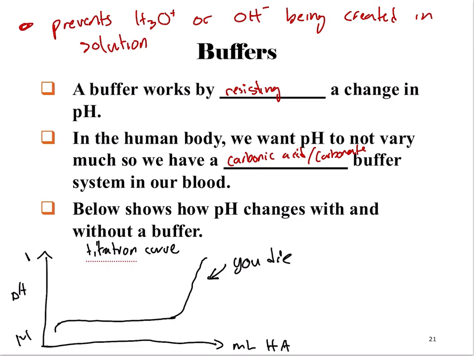As we're increasing the amount of acid that we add, we see the pH is staying the same, right? It doesn't change at all because the buffer is coming in and eating all the protons before it creates H3O plus in solution. Then once all of the buffer is gone, the pH changes drastically because now the H3O plus is directly going into solution.